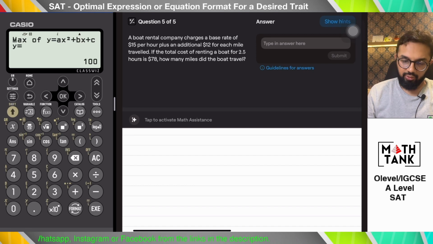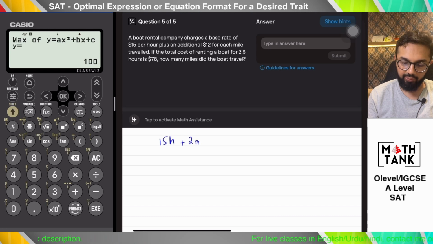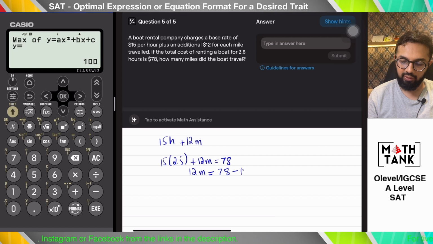A boat rental company charges a base rate of 15 per hour plus an additional 12 for each mile traveled. If the total cost of renting the boat for 2.5 hours is 78, so 12m equals 78 minus 15 times 2.5.